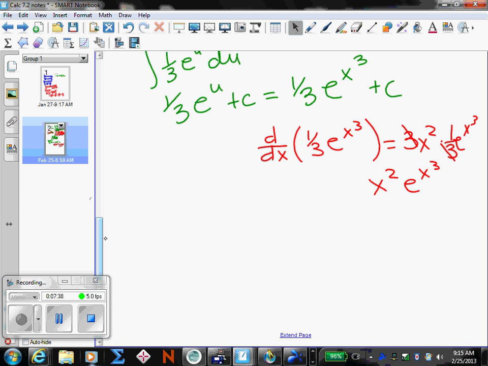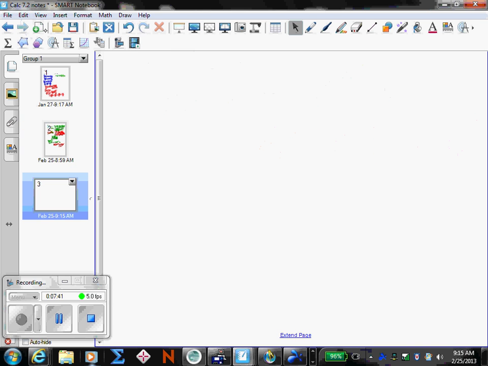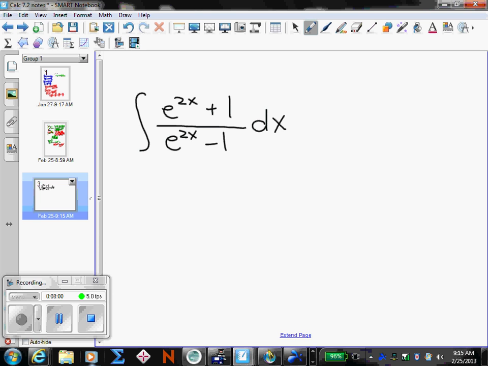Okay, the second type of problem that you're going to have is if there are two e's in the problem. So what do I mean by that? Here's an example: e to the 2x plus 1 over e to the 2x minus 1. So there are two e's in the problem. If this happens, it is usually going to be a rational expression.